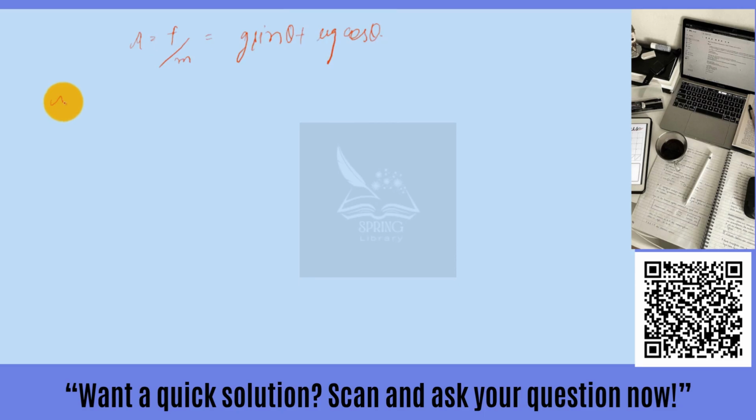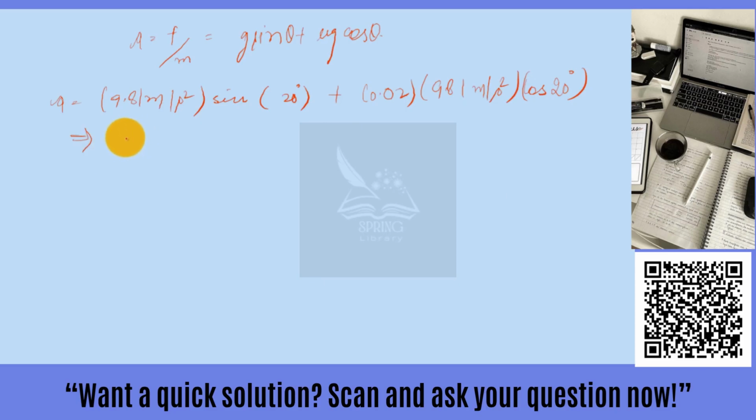Substituting the values, we have a equals 9.81 meters per second squared multiply sine of 20 degrees plus 0.02 into 9.81 meters per second squared cos 20 degrees. And hence after solving this we get the value of a as 3.54 meters per second squared.